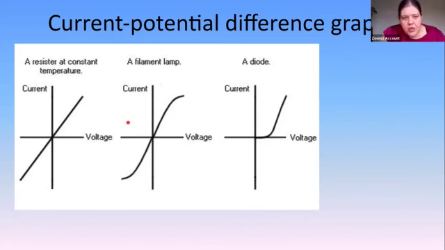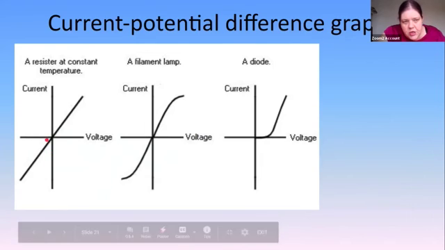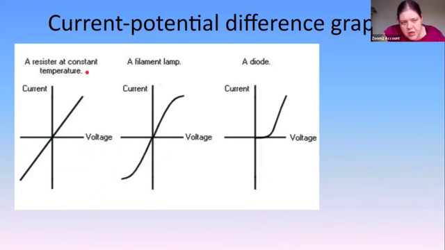Okay, and if you were to describe why, I think it came up as, why is this filament lamp one not an ohmic resistor? It's because it's not directly proportional and it has a curve. So this one here is the one that you would see for an ohmic resistor. It just means that as it goes up, there's a constant temperature and voltage and current are proportional to each other.